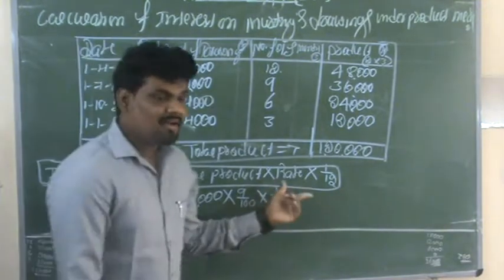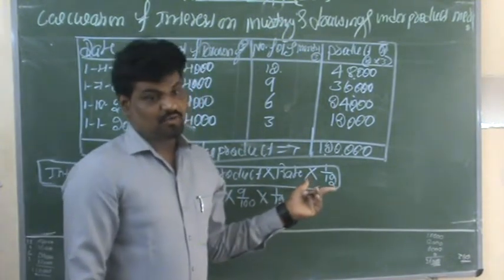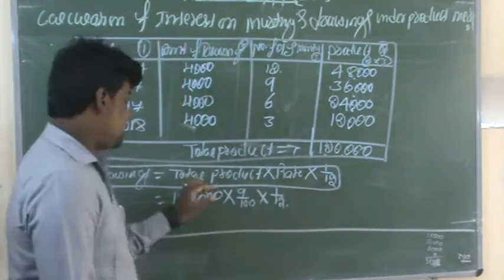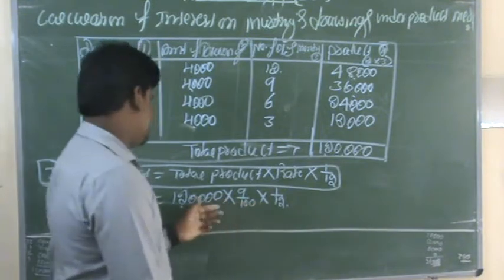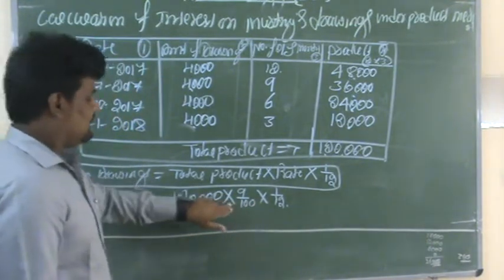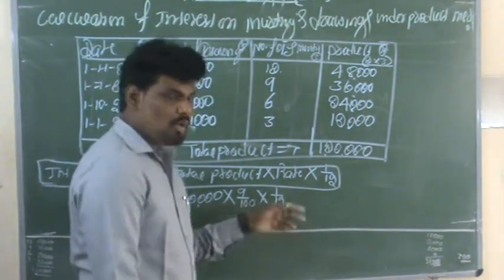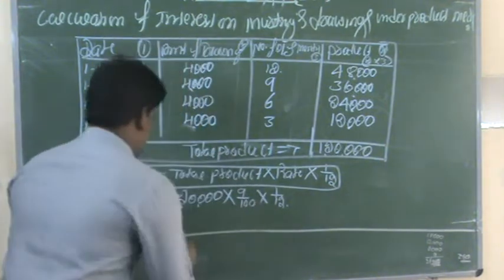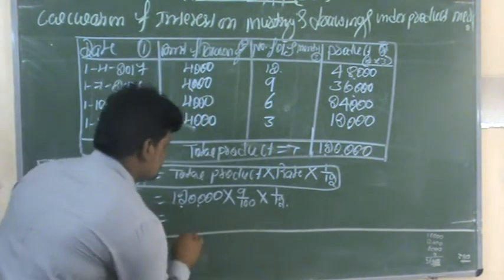As per the formula, all the required information we have already added. Now we need to multiply 1,20,000 into 9% into 1 divided by 12.